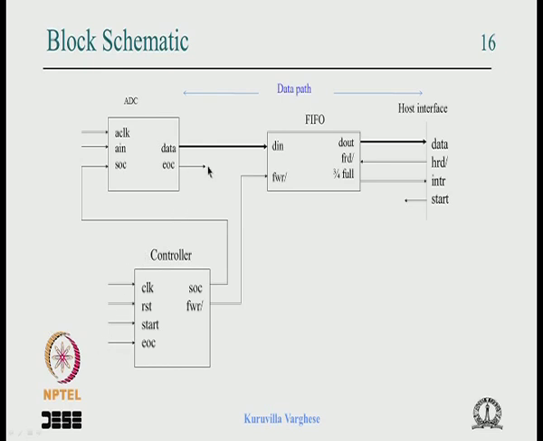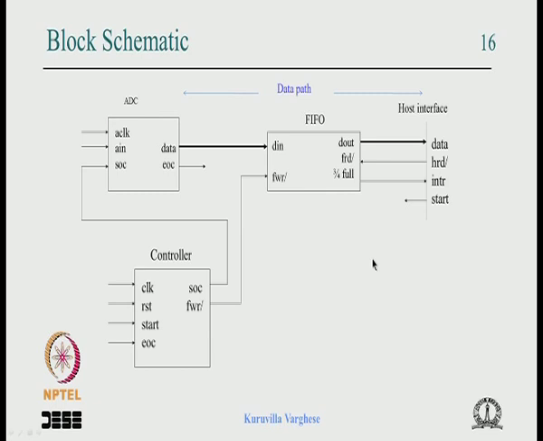Here the end of conversion is coming to the controller, then it will give the FIFO write. This data is connected to the data input, this output data is connected to the host interface, the host read is connected to the FIFO read, and 3/4 full is given to the interrupt, so that when it is 3/4 full the host can come and read the data, okay.